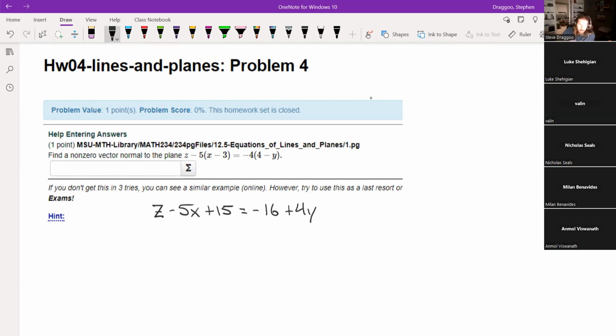And then now I'm just going to group everything on one side of the equal sign. So I'll bring everything over to the left side and put them in order. Negative 5x minus 4y plus z plus 31 is equal to 0.